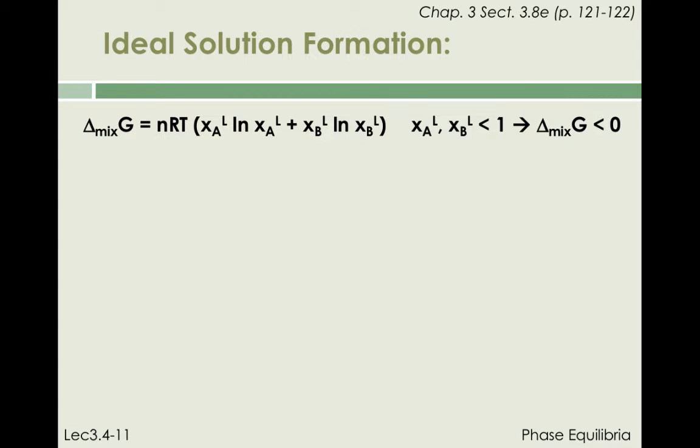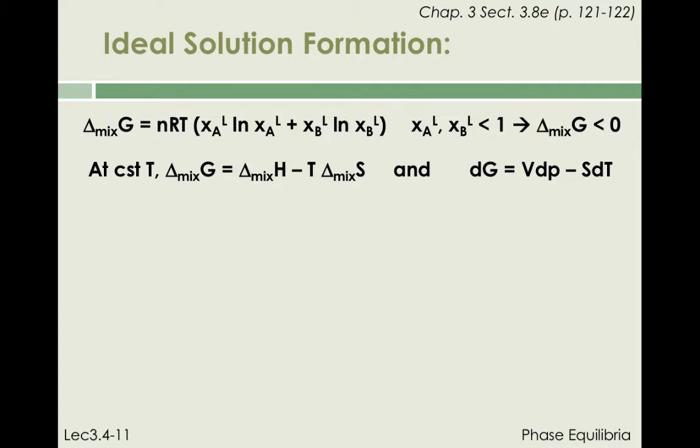We recall that for any process taking place at constant temperature, we can write delta G equals delta H minus T times delta S. So for mixing, we have delta mixing G equals delta mixing H minus T times delta mixing S. We recall that at constant pressure, dP equals 0.